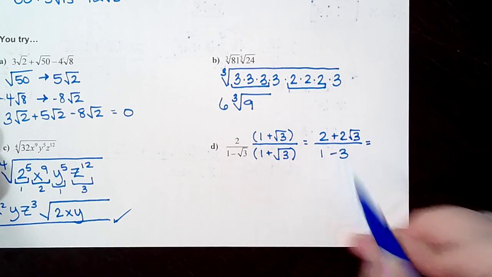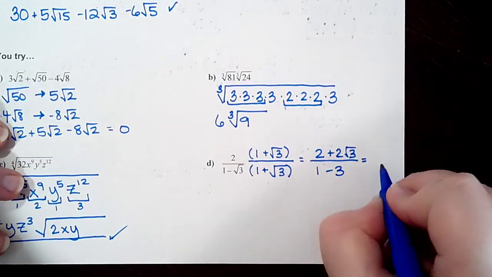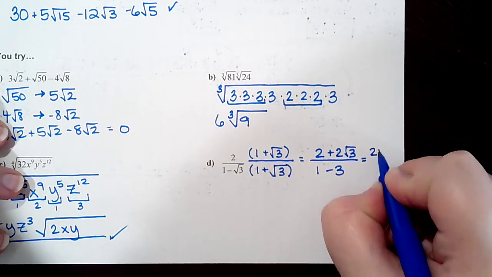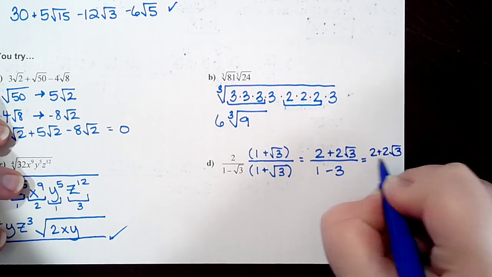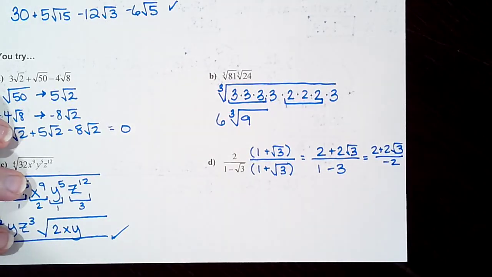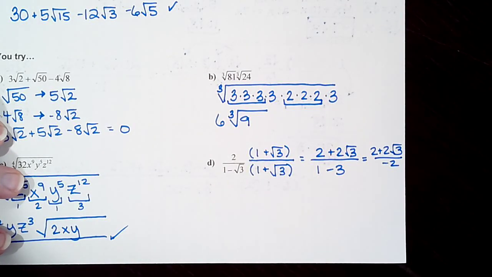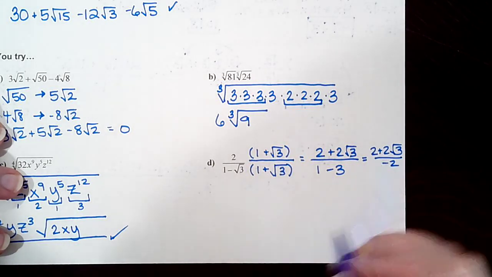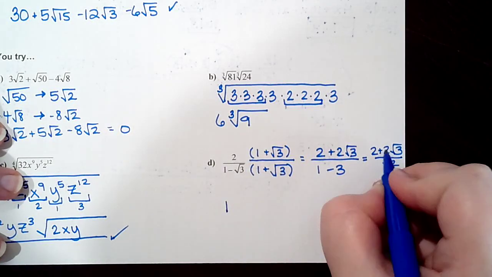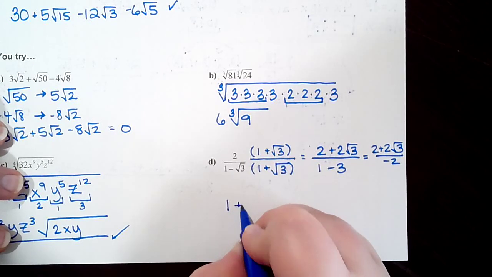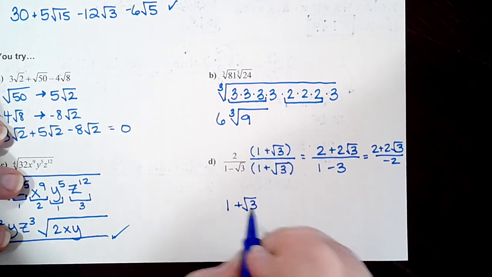2, 2, and negative 2 are all divisible. Here, let's just rewrite this for the sake of space. They're all divisible by 2, so I'm going to factor out a GCF of 2. 2 divided by 2 is 1. 2 divided by 2 is 1, so that's plus 1 root 3.